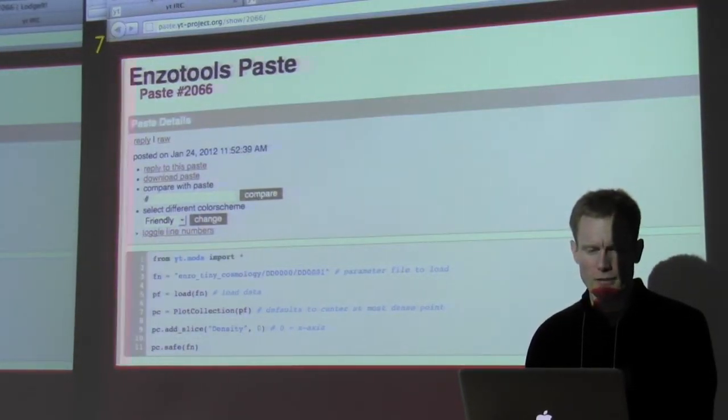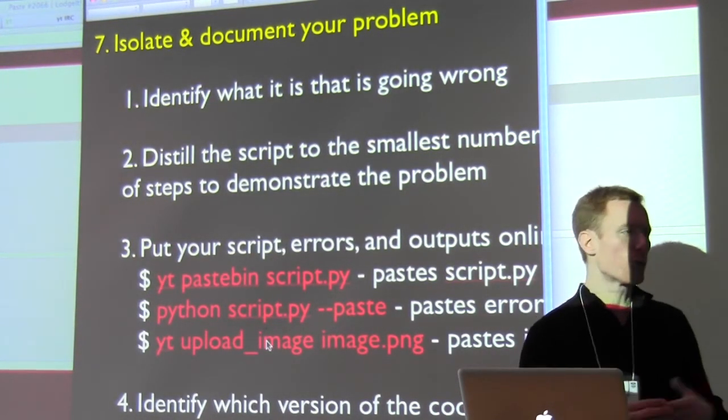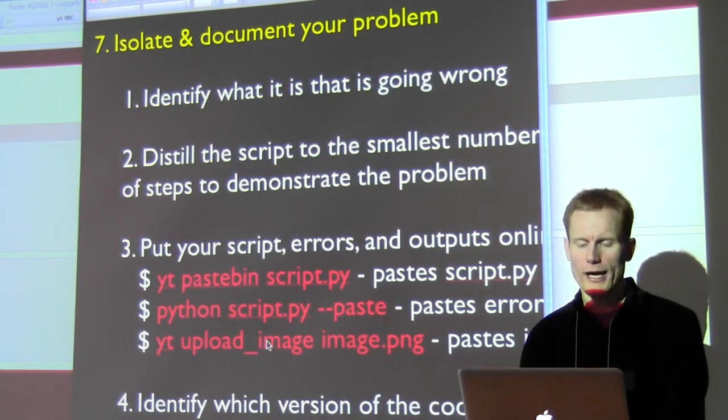Okay. And finally, let's just say that you had an image that was output as part of this, and it helps for diagnosing what the problem is or what the error is.